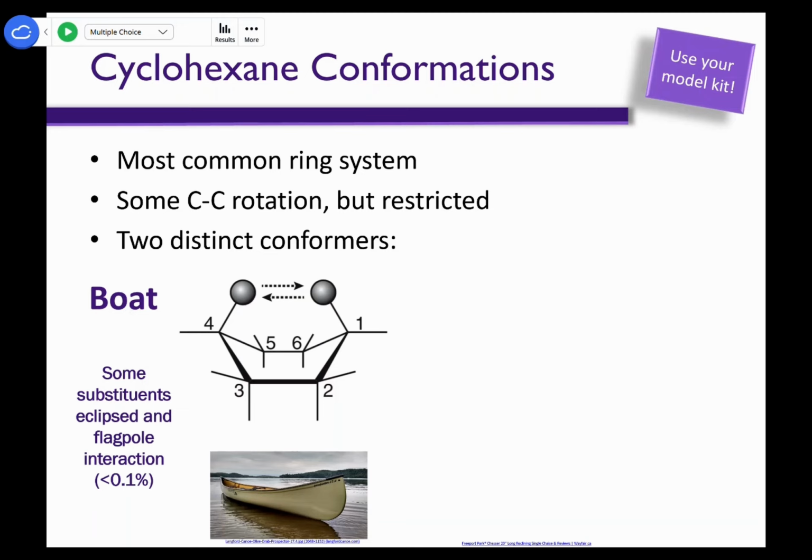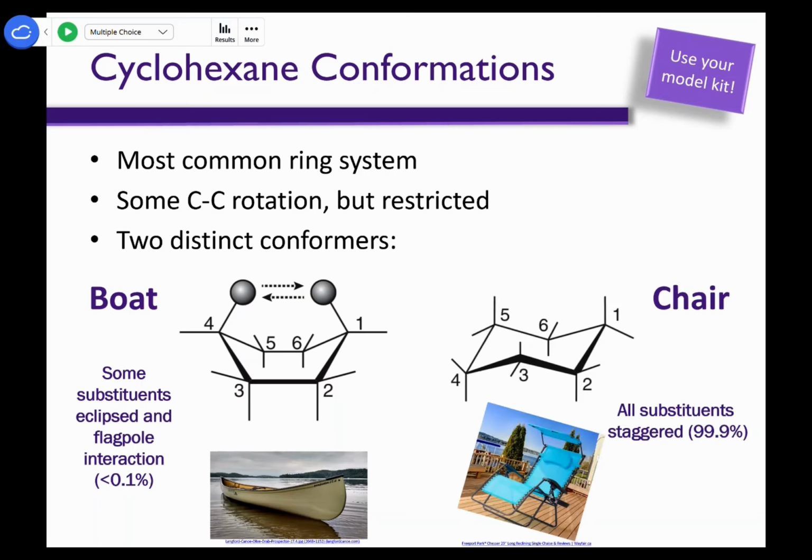What's better? So this one actually exists, like less than 1% of cycloalkanes exist in this position. 99.9% exist in a conformation that's called the chair, where all the carbon-hydrogen, or carbon whatever substituents are in staggered positions. So take your hands on carbon 1 and 4.